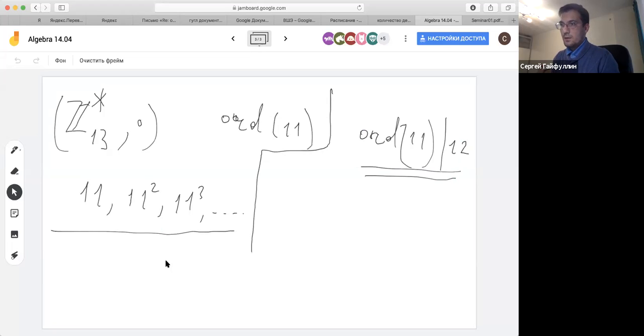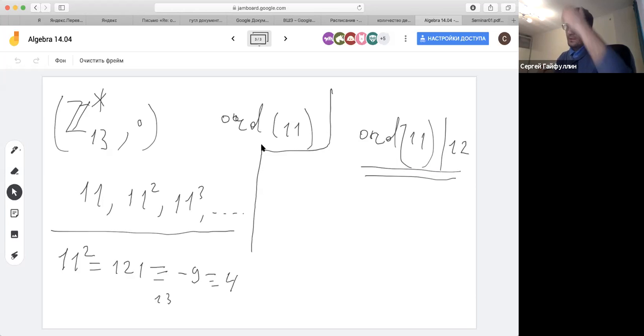Okay, let us try. 11 squared, it's 121. So it is equal to minus 9 modulo 13. So it is equal to 4 modulo 13.